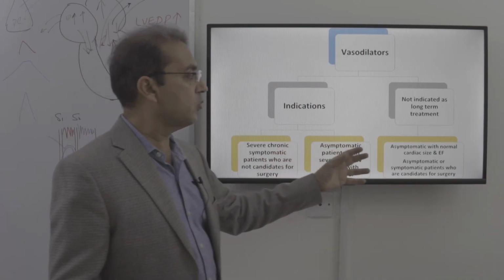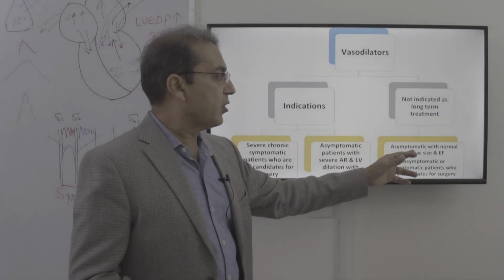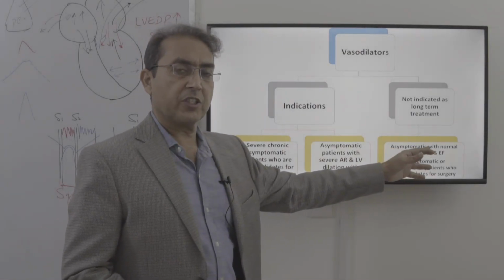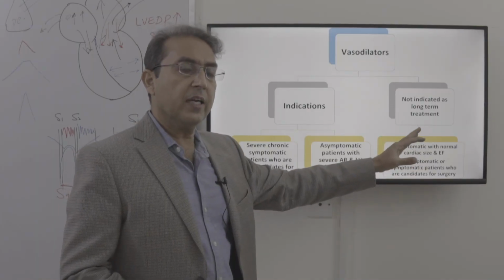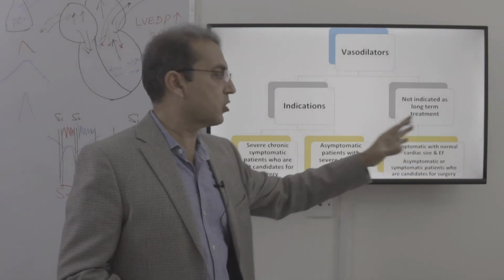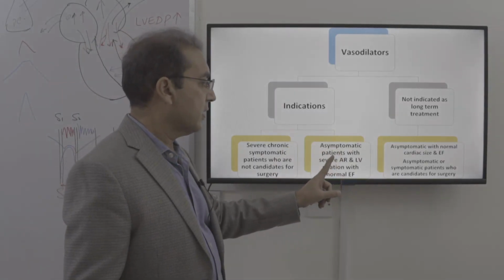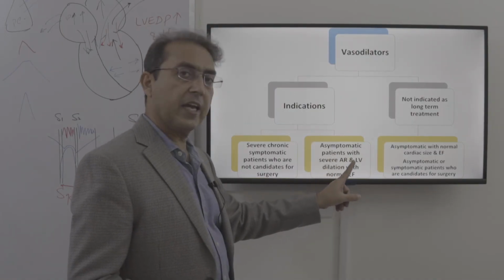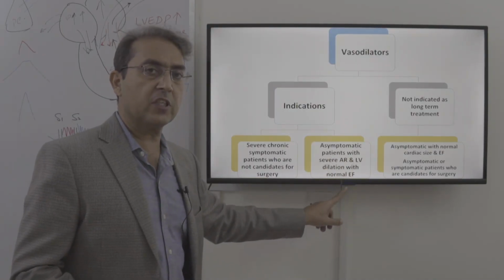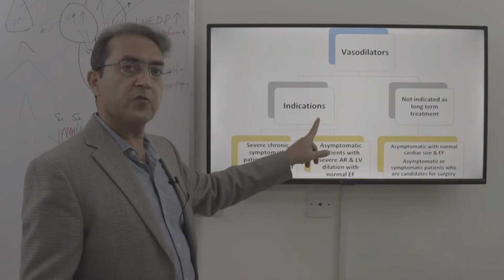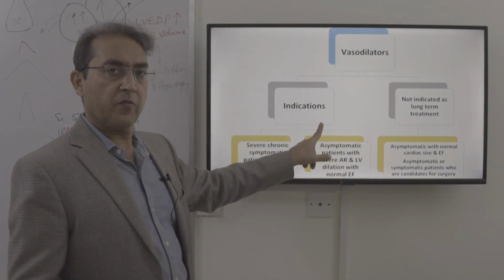But the patients who are asymptomatic with normal cardiac size and normal ejection fraction, in these patients we do not use vasodilators. So if the patient is asymptomatic, has severe AR and there is LV dilatation but the EF is still maintained, in these patients we can put on vasodilators.